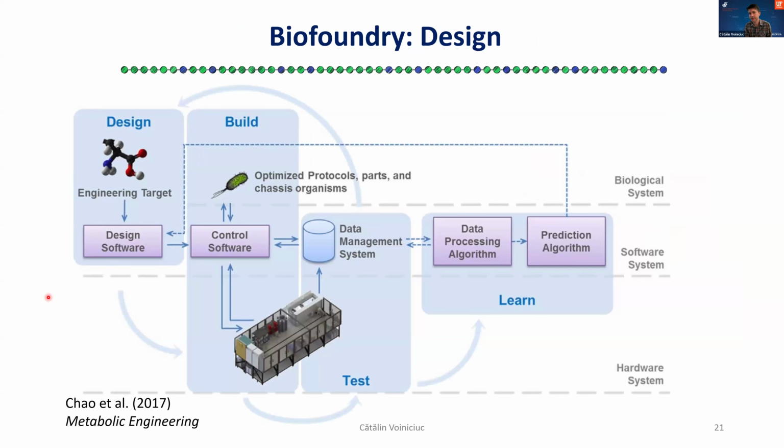So a biofoundry will have several phases, the key one being the design, right? Are you using an electronic lab book or some other software to design your constructs? How are you building those things? You now need to introduce living systems, organisms, cells. How are you managing the data so that you can do some tests and learn information that can help you iterate the design cycle?